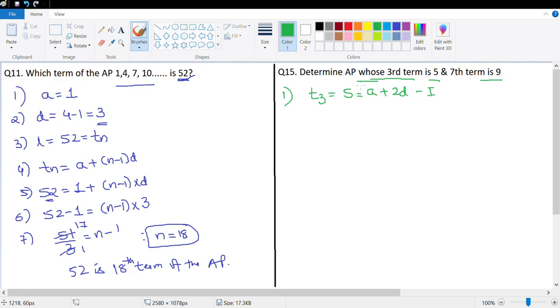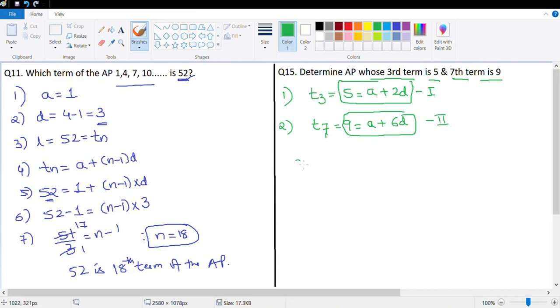A plus 2D is equal to 5. And T7 is given equal to 9. By the formula, I have A plus 7 minus 1 D, that's 6D. That's the second equation.